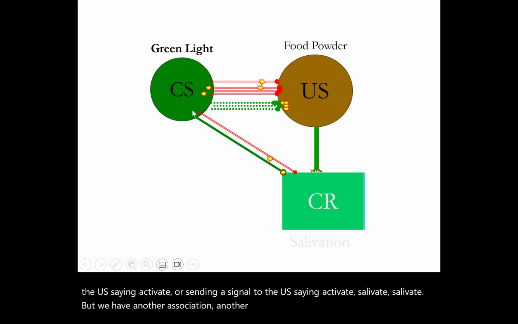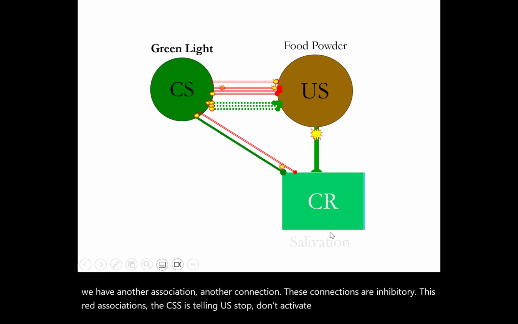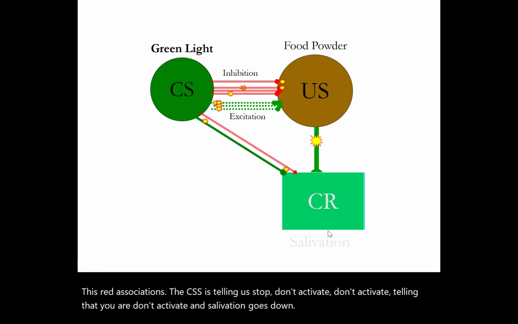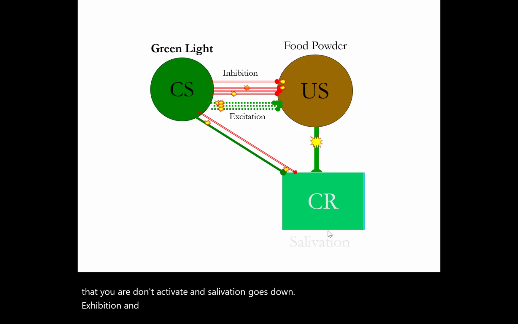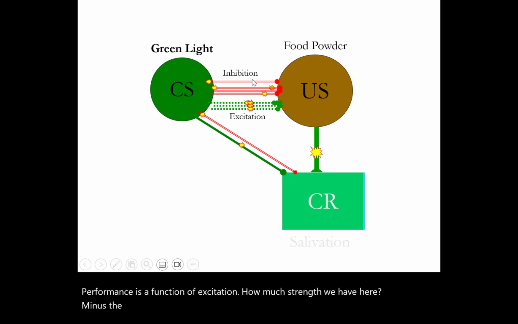These connections are inhibitory. This red association is the CS telling the US stop, don't activate. Telling the UR don't activate, and salivation goes down. Inhibition and excitation. Performance, what the animal does, is a function of excitation, how much strength we have here, minus the strength of inhibition.